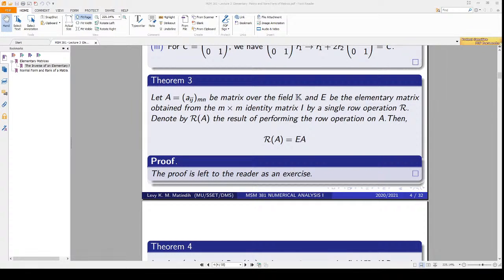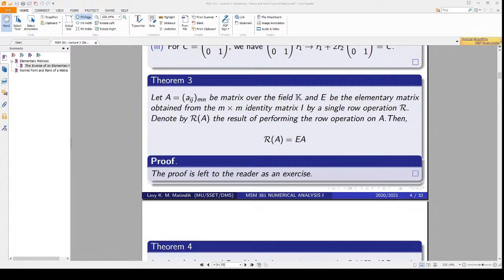Then, let's denote by R of A the result of performing the row operation on A. It's the same row operation that you applied on the identity matrix to get E. Remember, it's a single row operation.